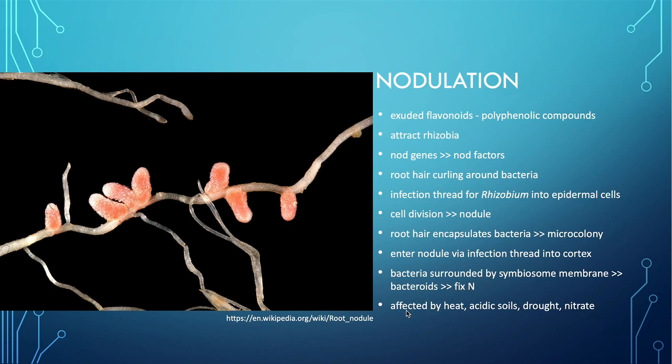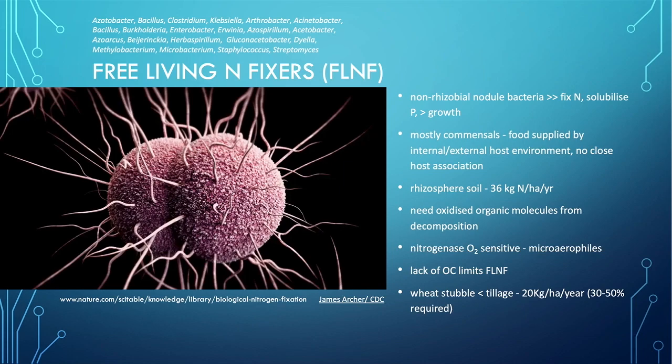This process is actually affected by heat, acidic soils, drought, and nitrate application. So it's a very sensitive process and a very beautiful symbiotic process that plants and the rhizobia bacteria go through to fix nitrogen. There are also free-living nitrogen fixers, known as non-rhizobial nodule bacteria.